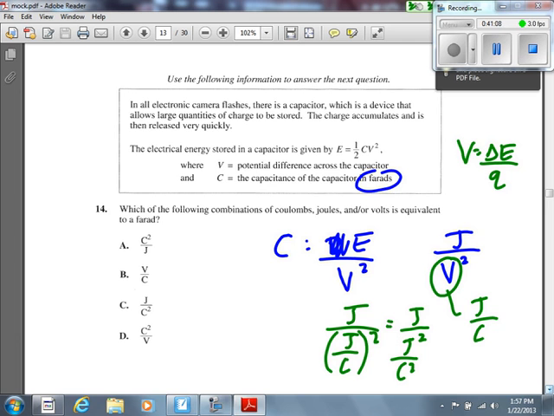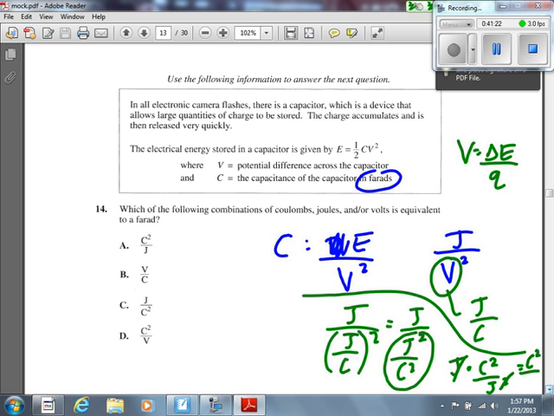If we want to divide by a fraction, we multiply by the reciprocal. It becomes joules times coulomb squared per joule squared. Joules cancels, and I'm left with coulomb squared over joules. Is that an option? Coulomb squared over joules is option A.